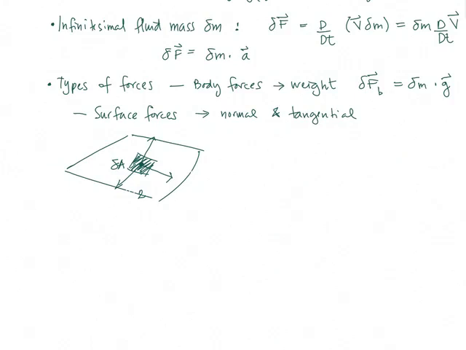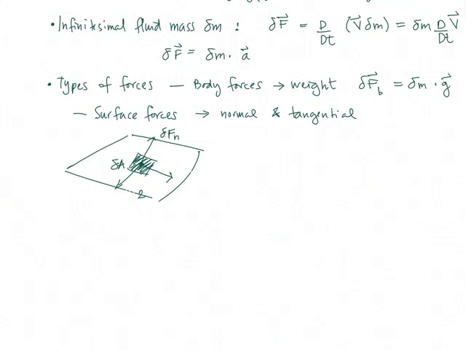One will be a force normal to the area. Let's draw it this way, and this will be dFn, our normal, and then we'll have two components which are tangent to the surface but perpendicular to each other.